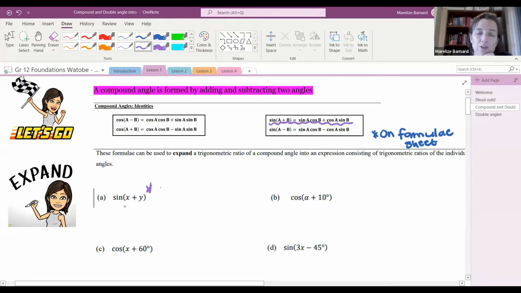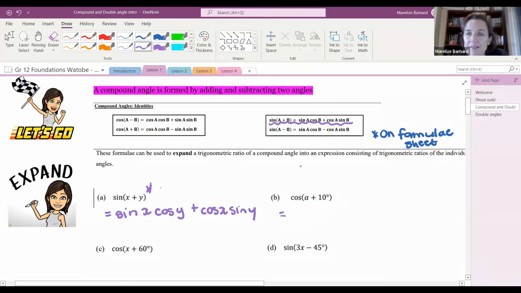We are going to expand it and use that identity to do it. So sine x plus y, we use that first one: sine x cos y plus cos x sine y. And that's it. We are just expanding.